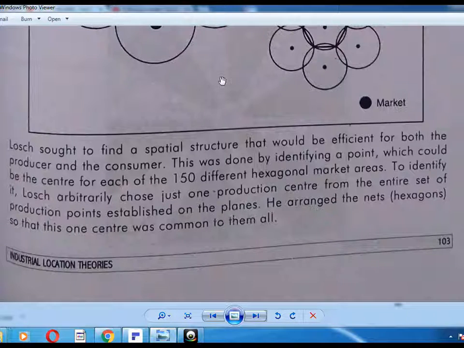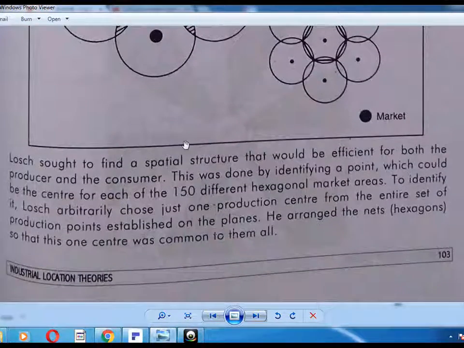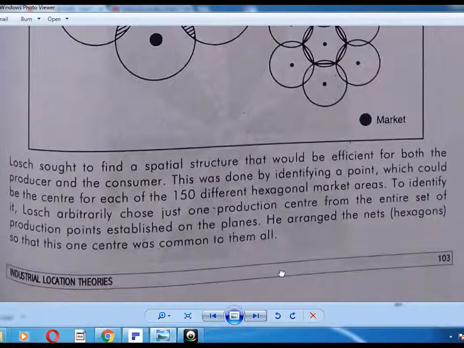He arranged the nets of hexagons so that this one center was common to them all.